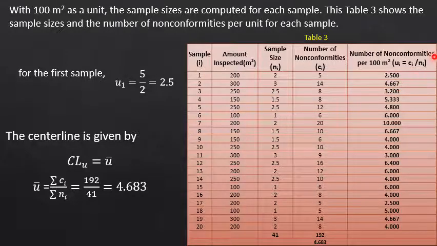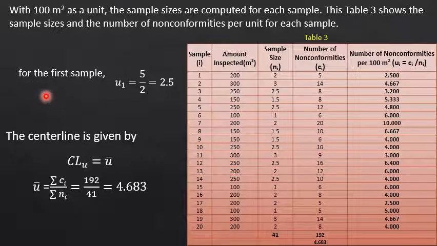Now the number of non-conformities per 100 meter square, or per unit, because we consider 100 meter square as a unit, is ui equal to ci divided by ni.